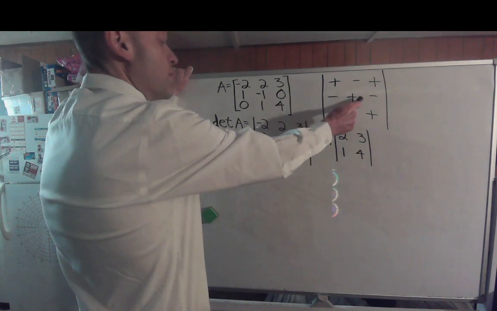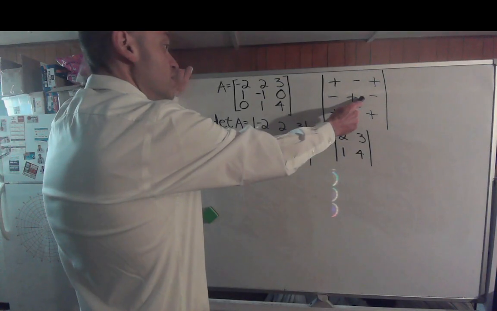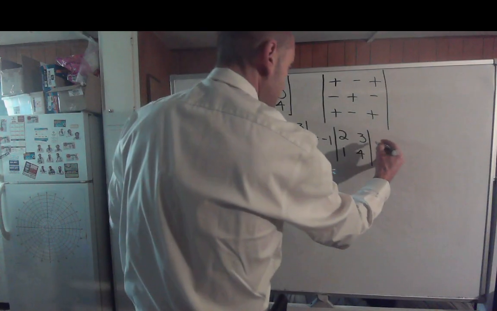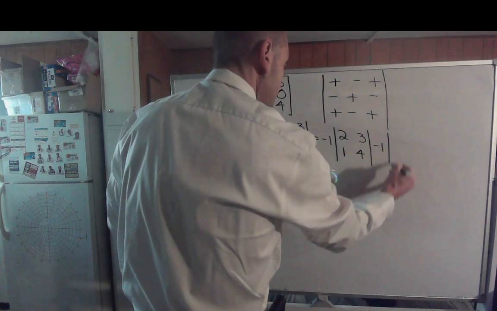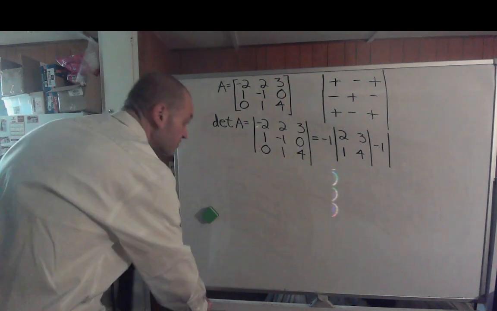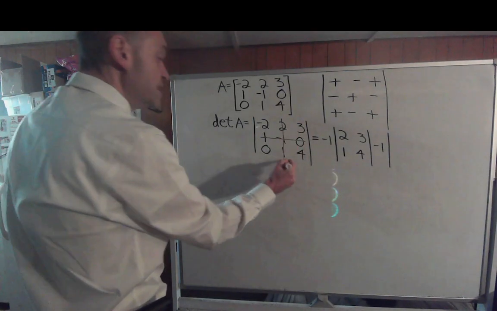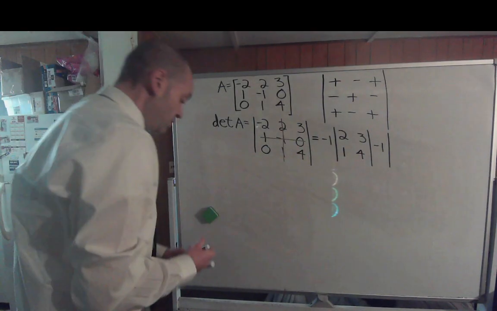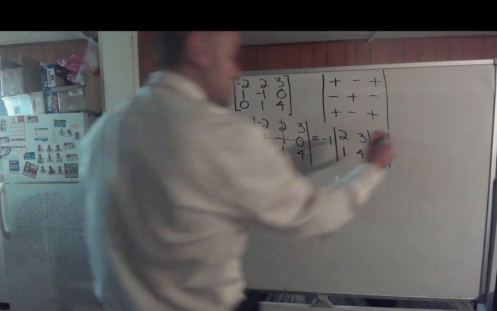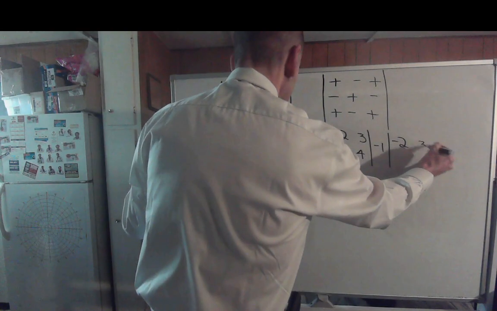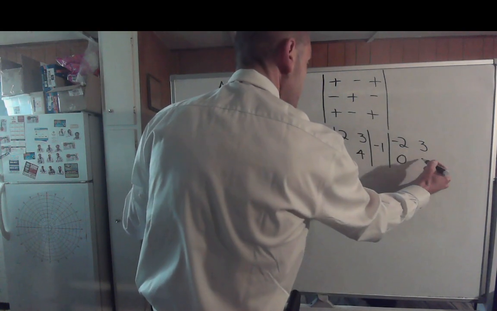According to our coefficient determinant, we should take positive of -1, so that would be another -1 times the determinant of what's left. So strike out the row and the column in which that -1 occurs, you end up getting the resulting 2 by 2 determinant of -2, 3, 0, and 4.